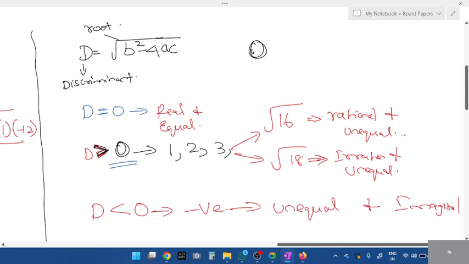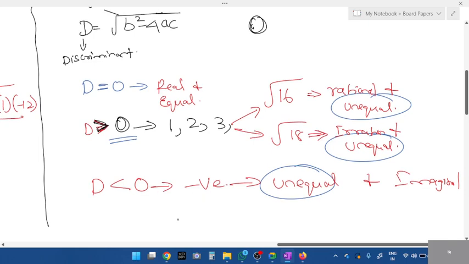Anything which is not equal to 0 is unequal, student. Look here, all are unequal. Negative numbers are imaginary. Completed. For example, after solving, you get root minus 15, root minus 3 by 2.